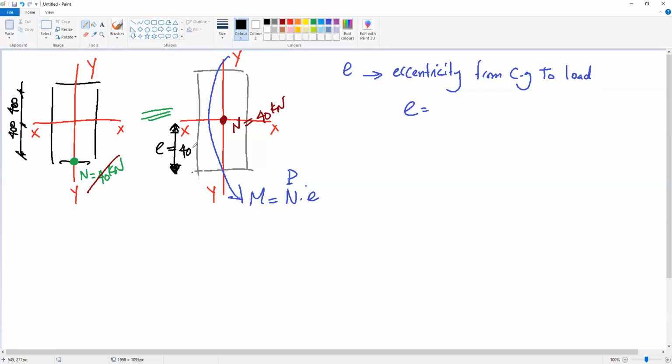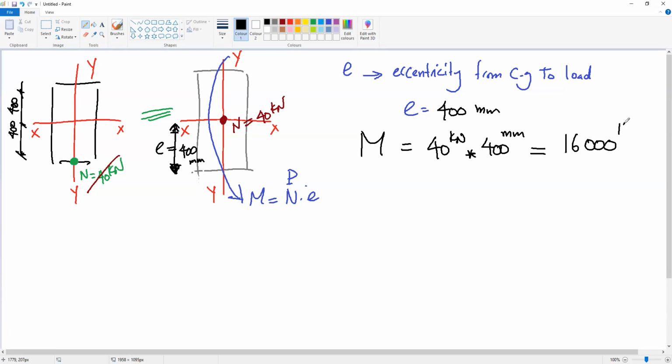So E equals 400 millimeter. So now the moment will be N times E, equal to 40 kilonewton times 400 millimeter. So the moment will be 16,000 kilonewton millimeter. If you want kilonewton meter, it will be 16 kilonewton meter.